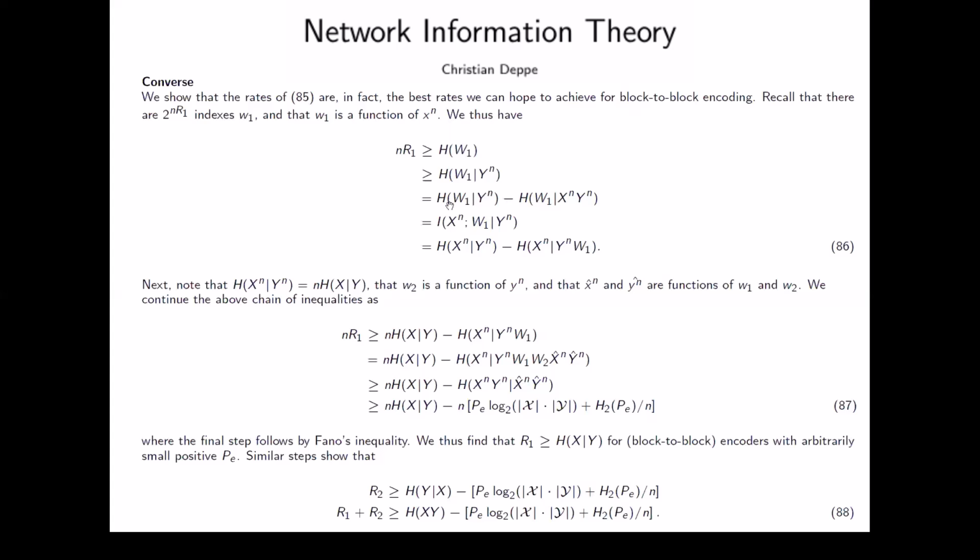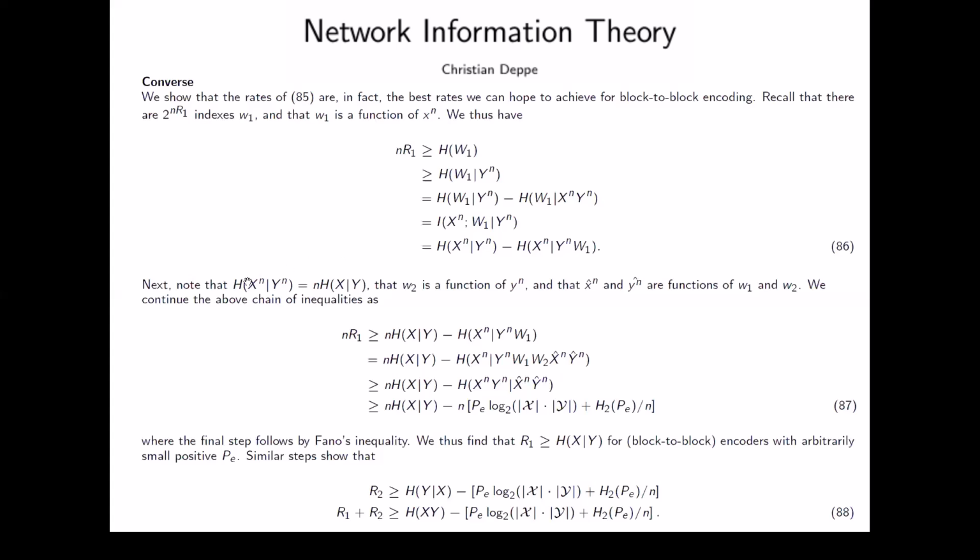But if we add this here, we can write this as a mutual information, the mutual information between X^n and W1 under the condition Y^n. And this mutual information we can write in another way. We can write it as the entropy of X^n conditional on Y^n minus the entropy of X^n conditional on Y^n and W1.